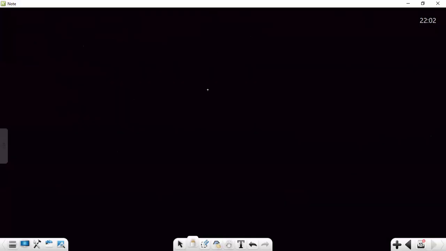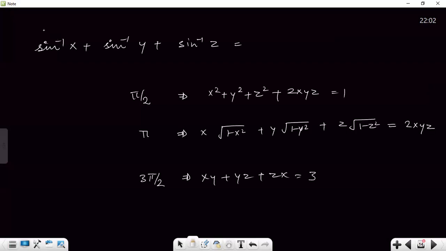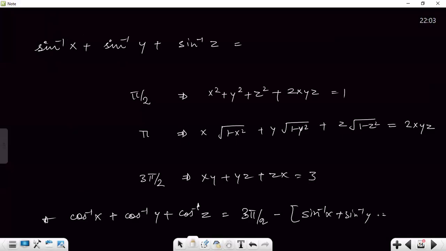And one more important property: instead of sine inverse of x, we can write pi by 2 minus cosine inverse of x. So cosine inverse of x plus cosine inverse of y plus cosine inverse of z is equal to 3 pi by 2 minus the sum of sine inverse of x, sine inverse of y and sine inverse of z.